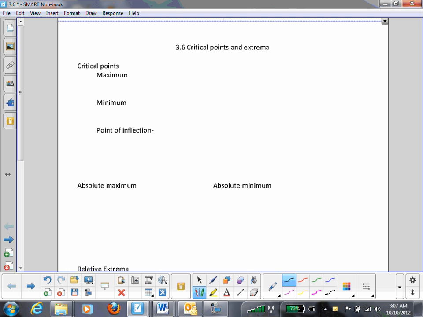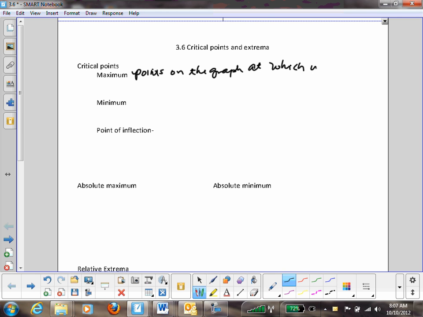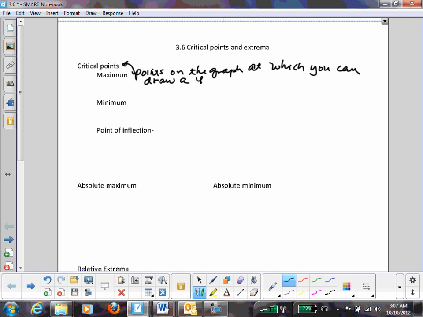All right, so critical points are points on the graph at which you can draw a horizontal or vertical line tangent to.